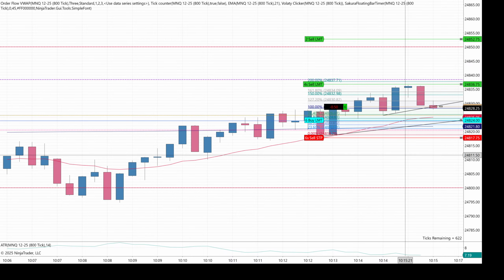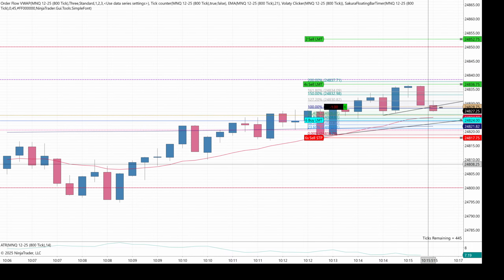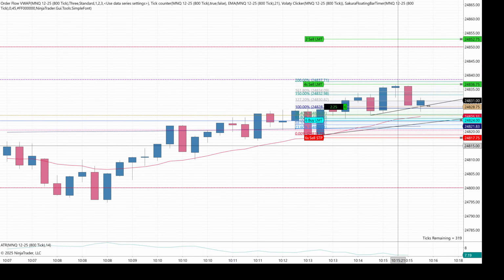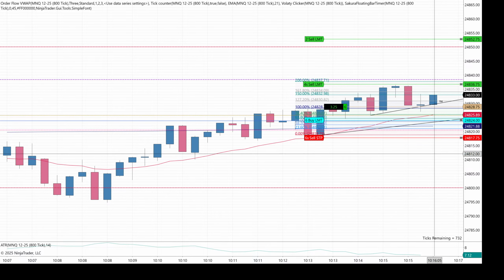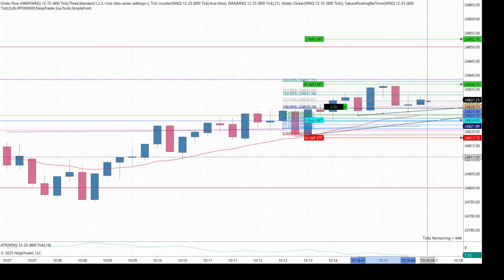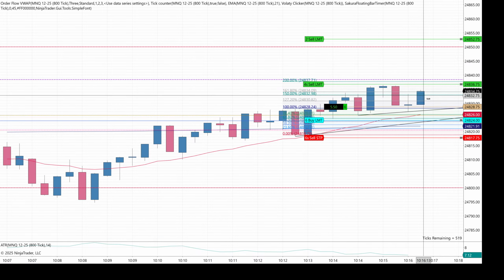I'm not liking this price action right now because we almost hit the target and now it's pulling back. But we're going to stay the course. Okay. There we go. Keep going.